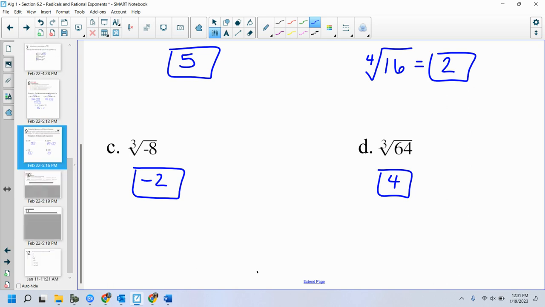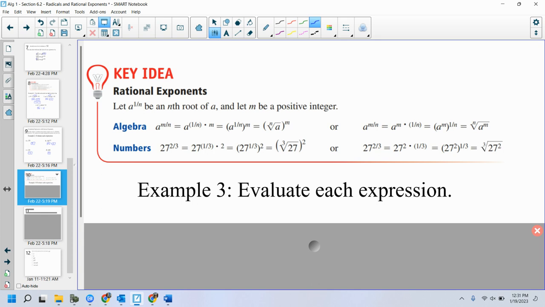All right, flip it over onto the back. So let's summarize what we know about how roots relate to exponents. This is what you're going to see down below here. I added one more to the list on the whiteboard. If you have a to the m divided by n, please put this in the margin somewhere, up top on the back. a to the m over n is equivalent to... The numerator of the fraction up in the exponent is the power.